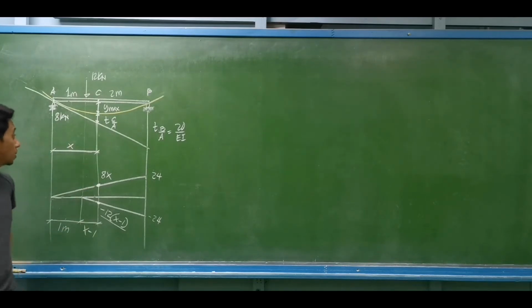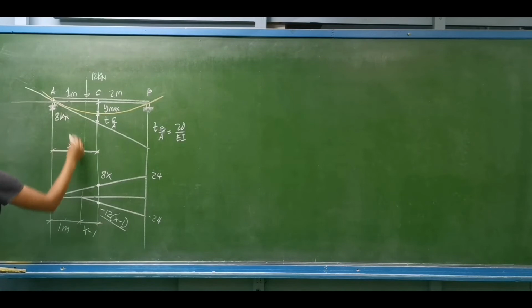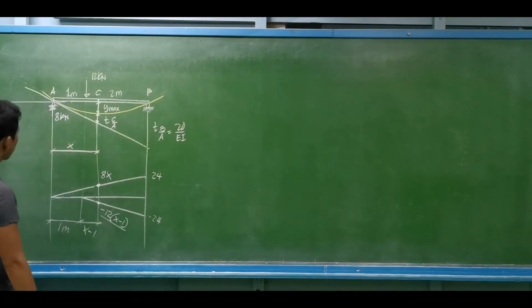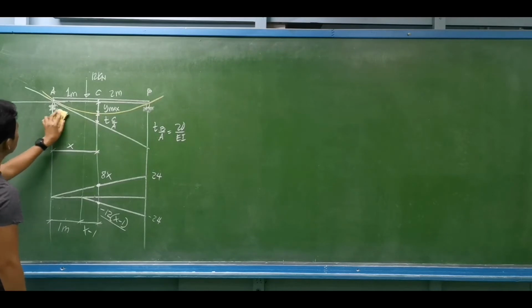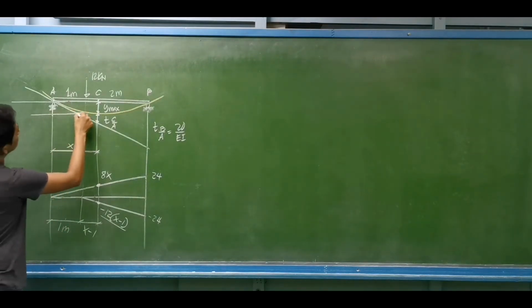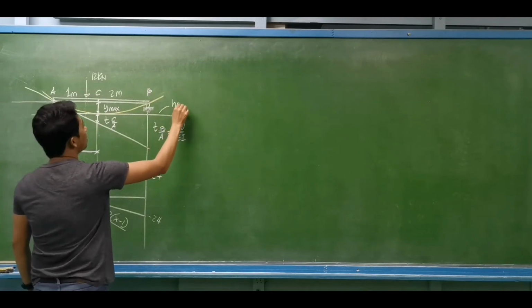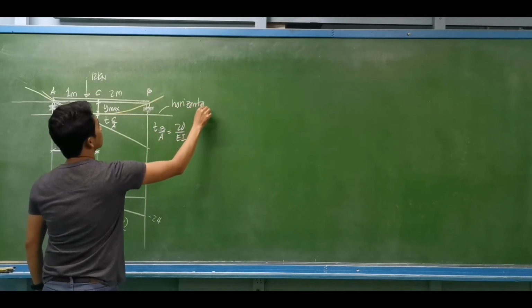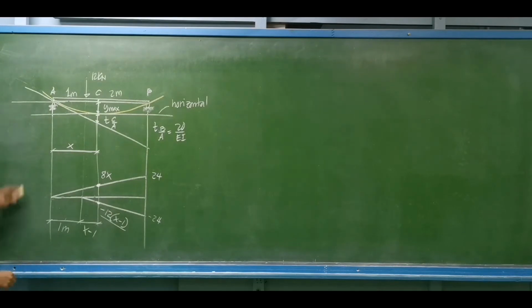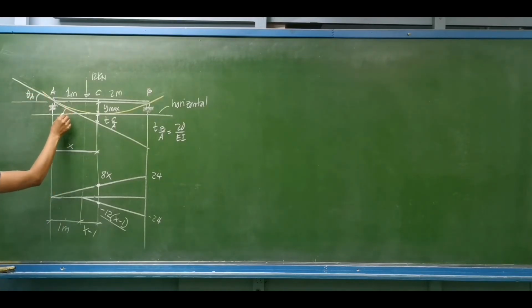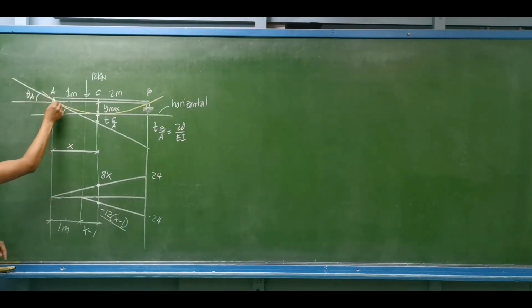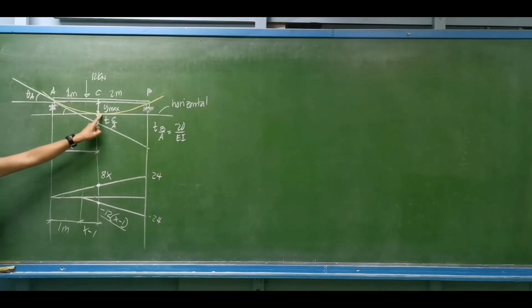And how do we compute for the location of the maximum deflection? So first, if we are to draw a tangent line about that maximum point, kung gagawa tayo ng tangent line dito, again, this tangent line should be horizontal, and this is the rotation at A. So what will be the angle formed by the tangent line drawn at point A and the tangent line drawn at point C?